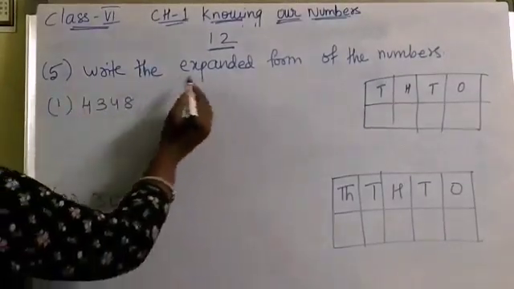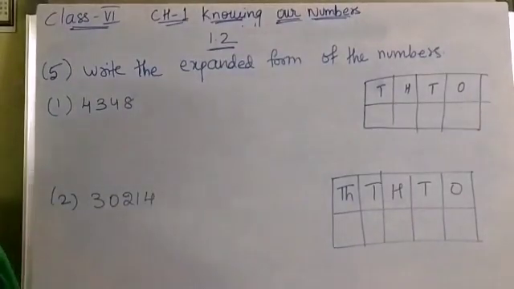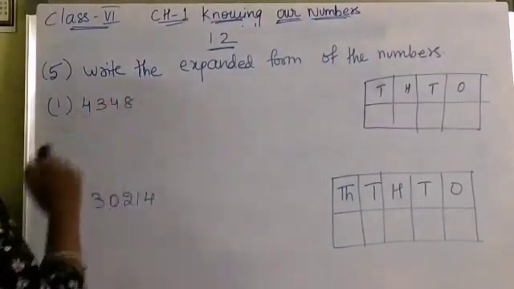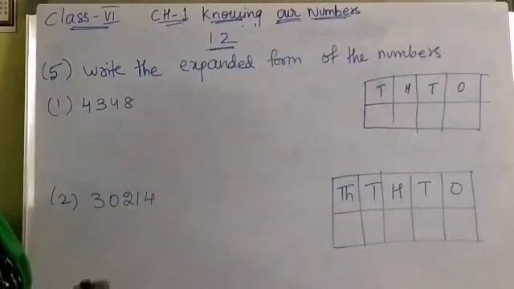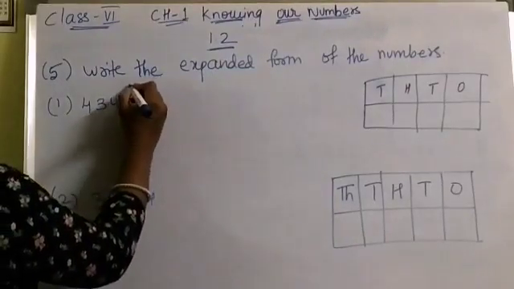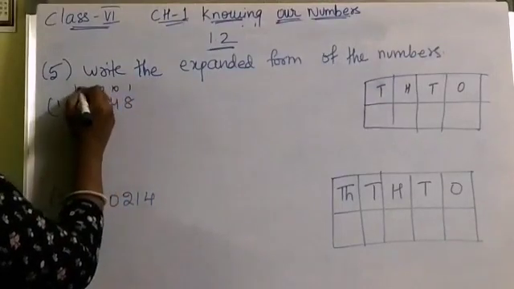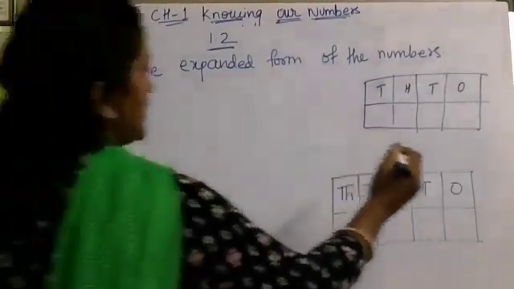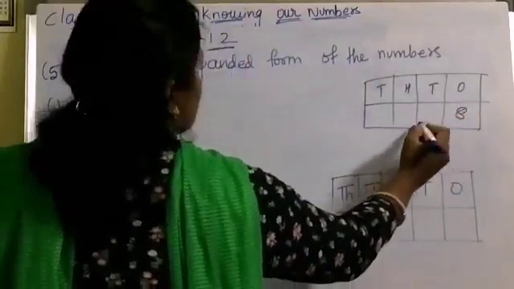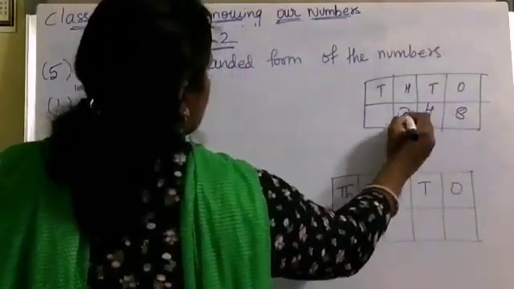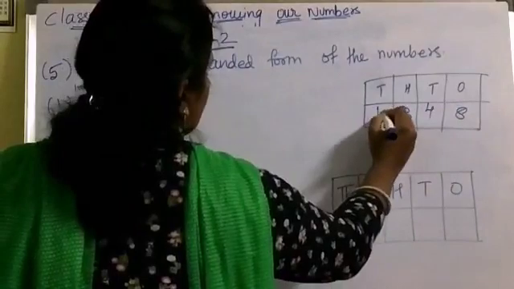Next fifth bit, write the expanded form of the numbers. Here they give 4,348. We should write in expanded form. When you come here, this is the ones place, this is the tens place, this is the hundreds place, and this is in thousands place. Ones place is 8, tens place is 4, hundreds place is 3, thousands place is 4.